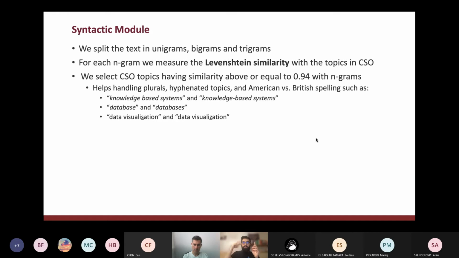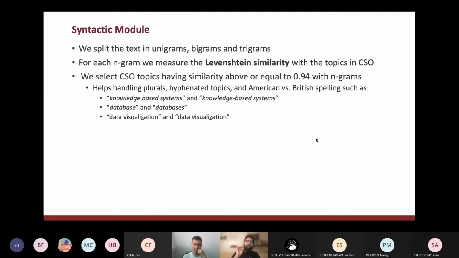It goes into the controlled vocabulary and looks for whether these one, two, and three words coming from the paper are in the controlled vocabulary. If they are there, basically it flags this topic as an important, relevant topic of this paper.